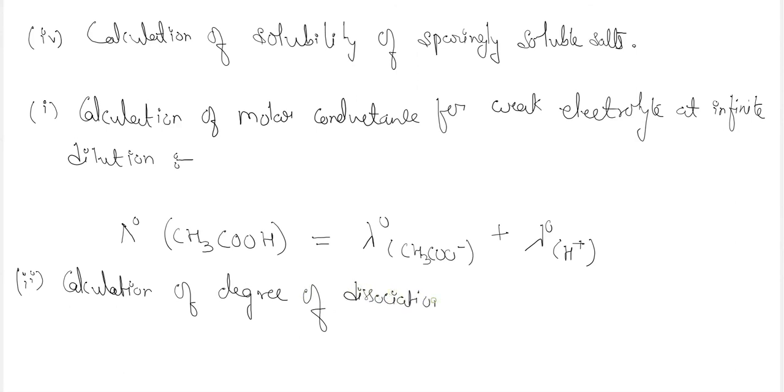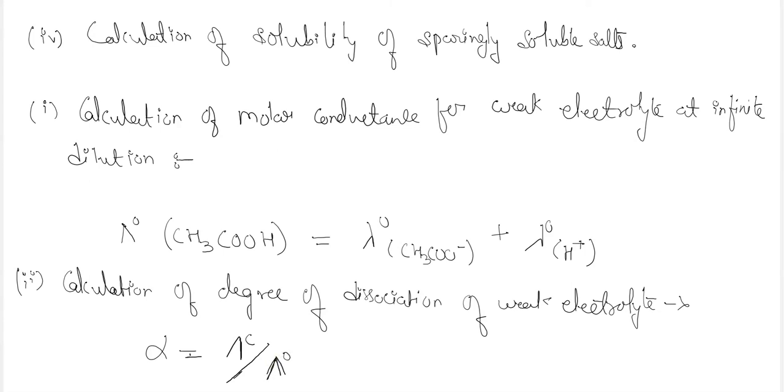It can be calculated by using the formula alpha is equal to the molar conductance of solution at any concentration divided by the molar conductance of solution at infinite dilution.